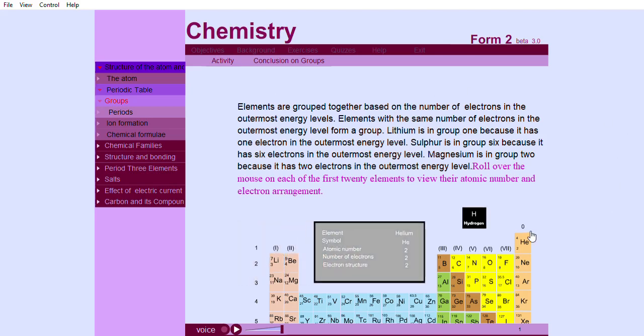Roll over the mouse on each of the first 20 elements to view their atomic number and electron arrangement.